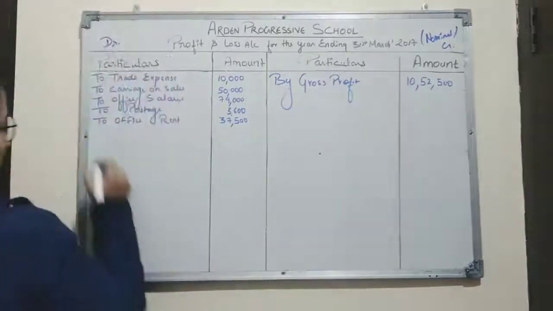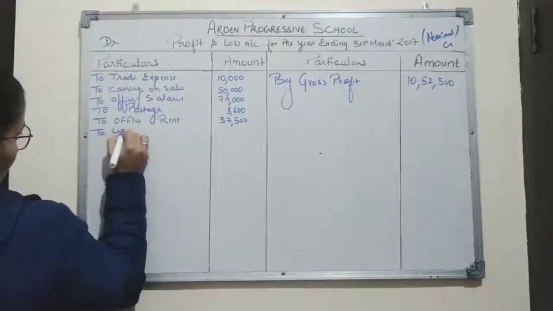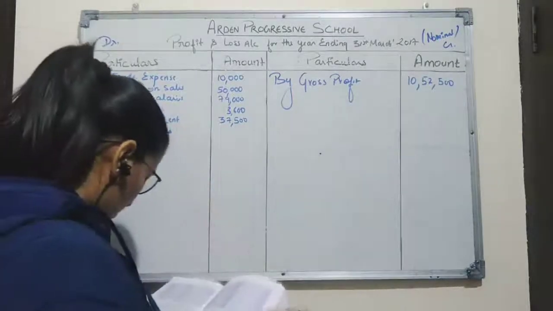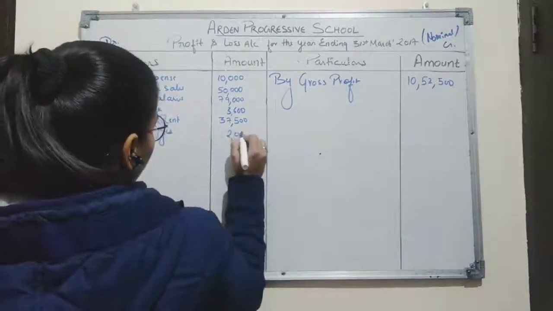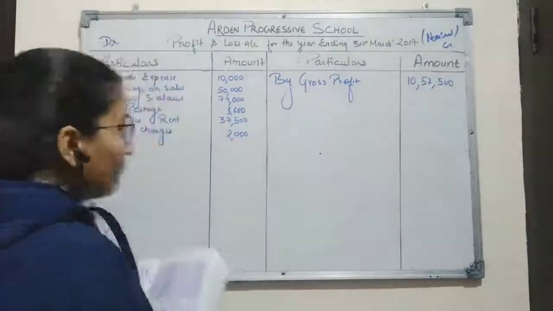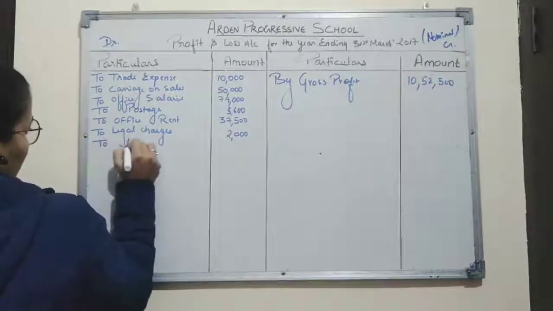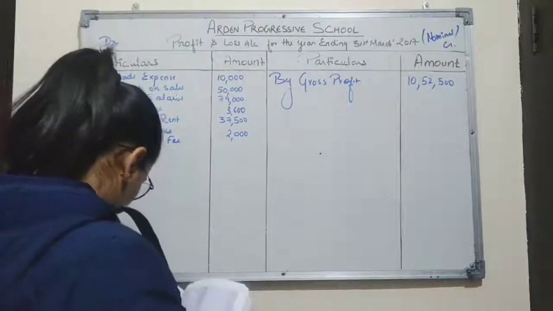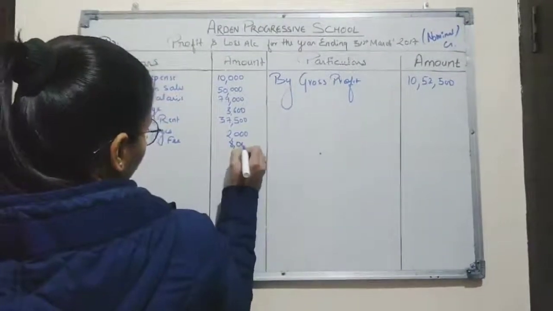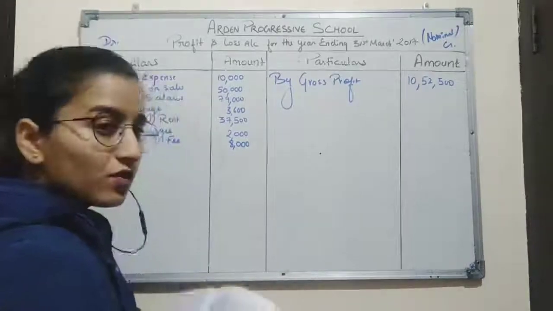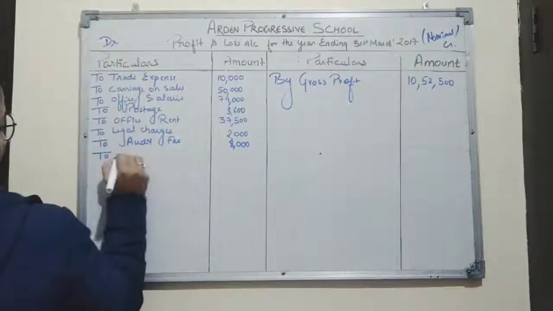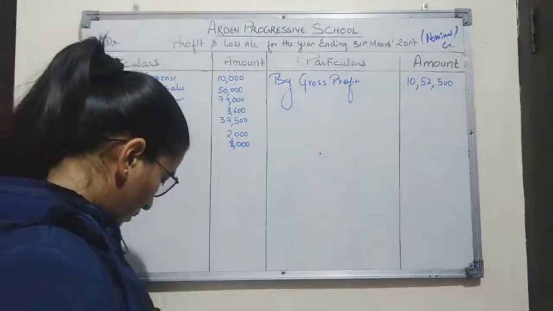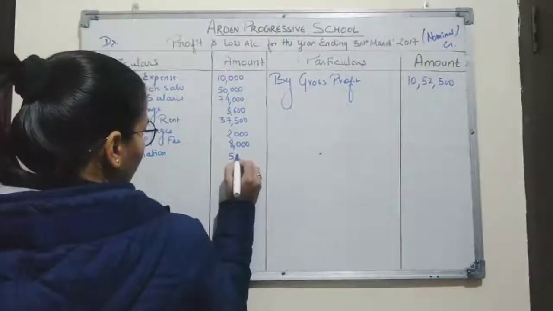Next is legal charges. Legal charges is also an expense. To legal charges, amount is 2,000. Then audit fee to audit fees 8,000. Next is donation. To donation, amount is 5,500.